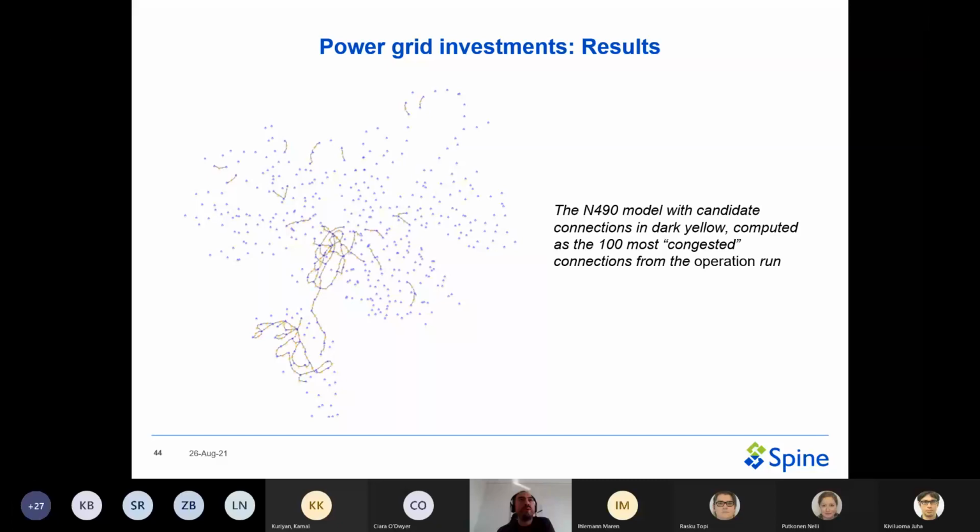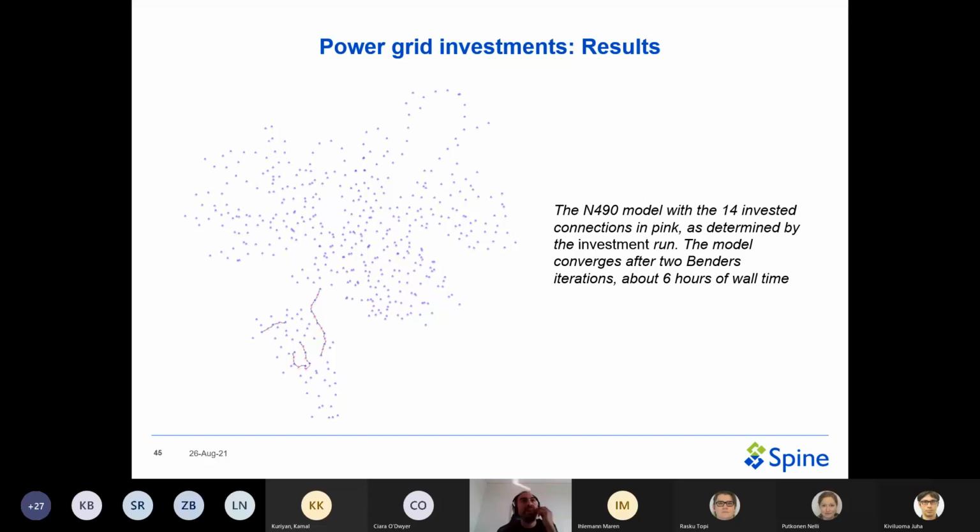We are considering changing the technique so we can select candidates from any pair of nodes, basically. But this is what we have so far. So it's basically like an investment on capacity, I should say. So these are the candidate lines.